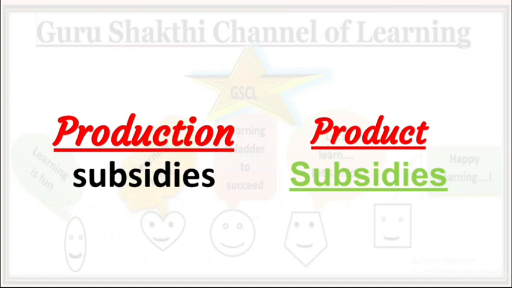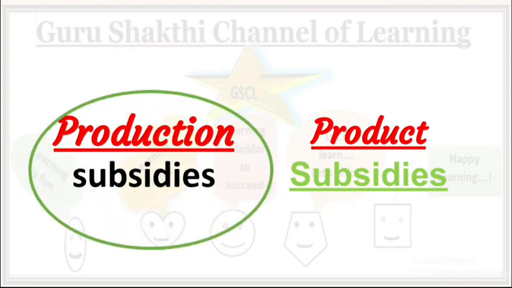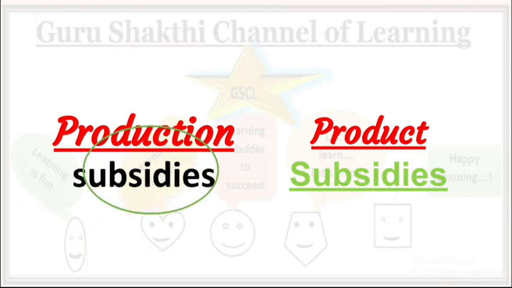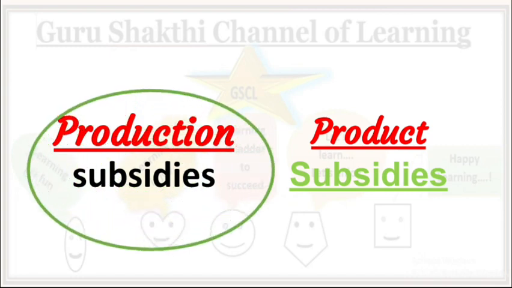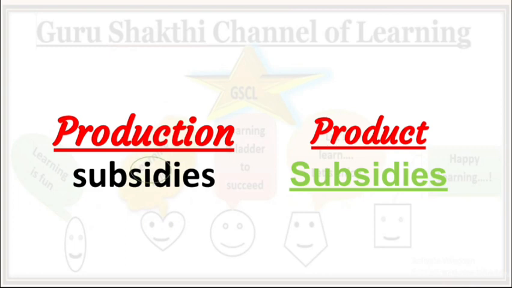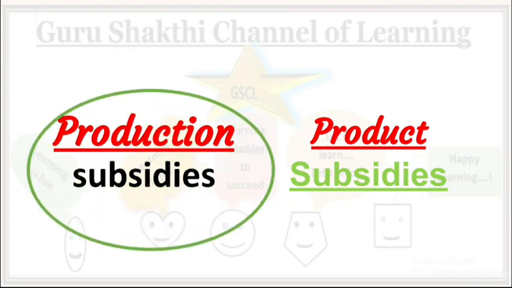In order to avoid that, as well as for welfare of farmers, the government pays a part of fertilizers price, which makes it affordable to the farmers. This kind of subsidies could be called production subsidies. These kind of subsidies are mainly useful to the producers, hence called the production subsidies.